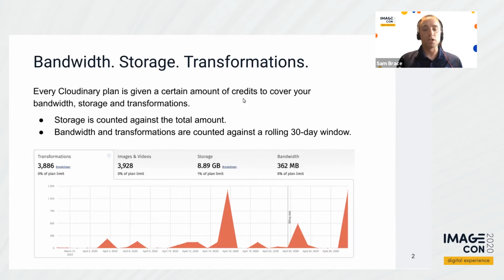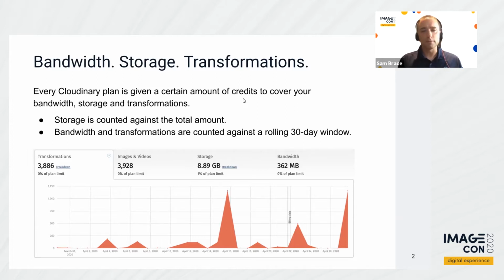It's also the storage that is being consumed by storing that content on your Cloudinary account or maybe elsewhere. And then also the transformations, what it takes to upload the content, as well as to render it for optimization or aesthetic purposes. Those are what we're defining as those three key core areas.